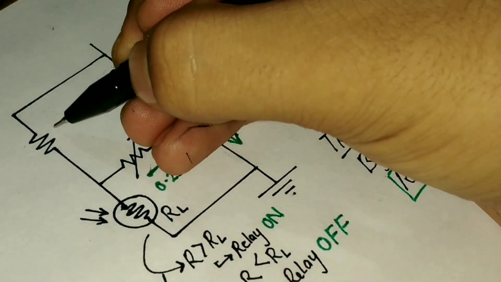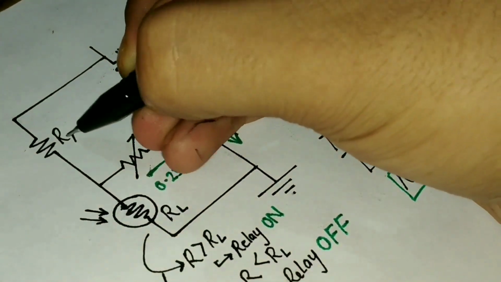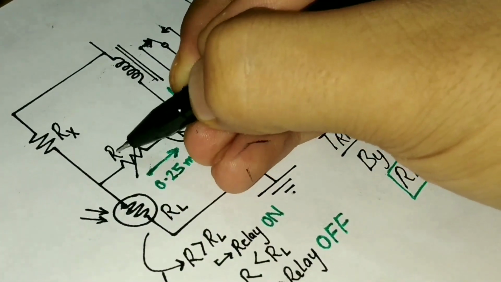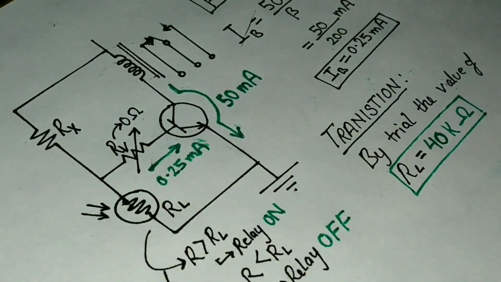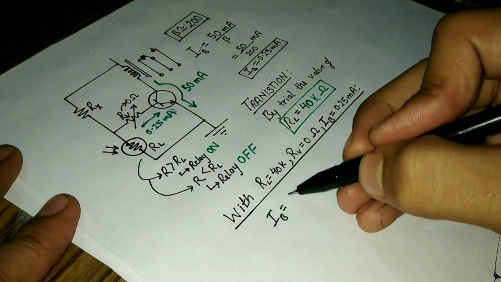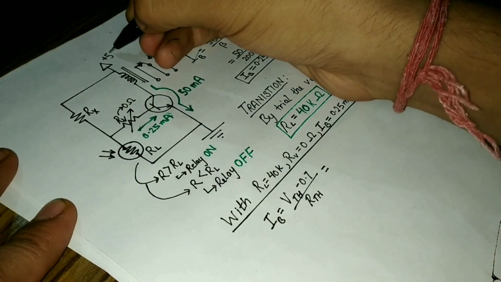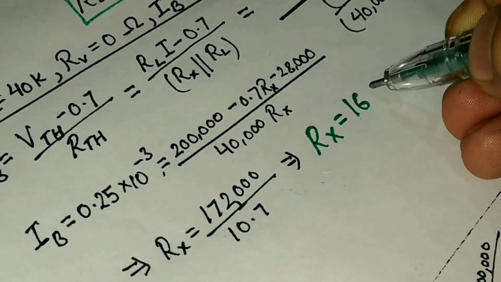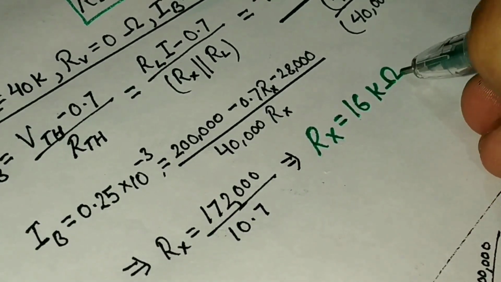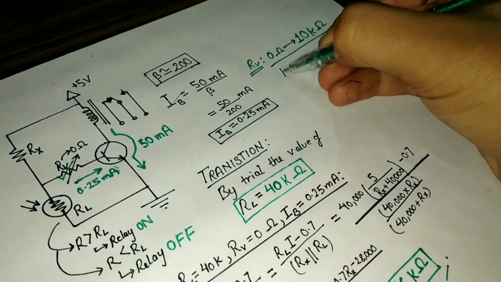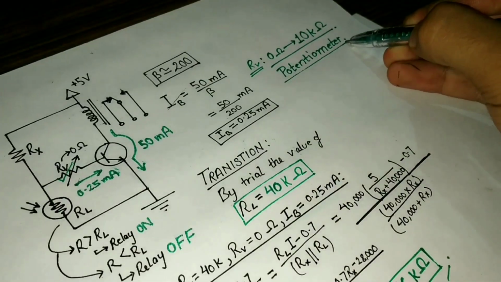So, marking this resistance as Rx, initially assuming the variable resistance Rv equals 0 ohms and base current as 0.25 milliamps, I carried out some calculations with the supply voltage of 5 volts and found the Rx value to be equal to 16 kilo ohms. To provide further control over the switching time, I chose Rv as a 10 kilo ohm potentiometer.